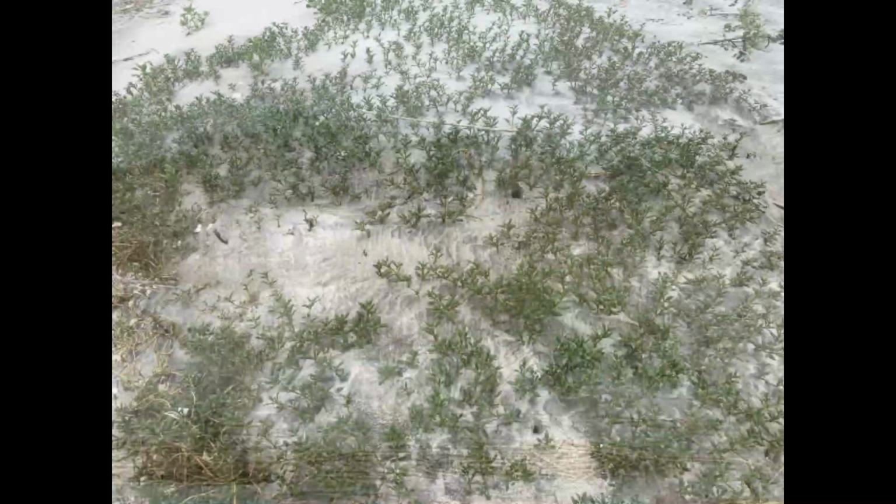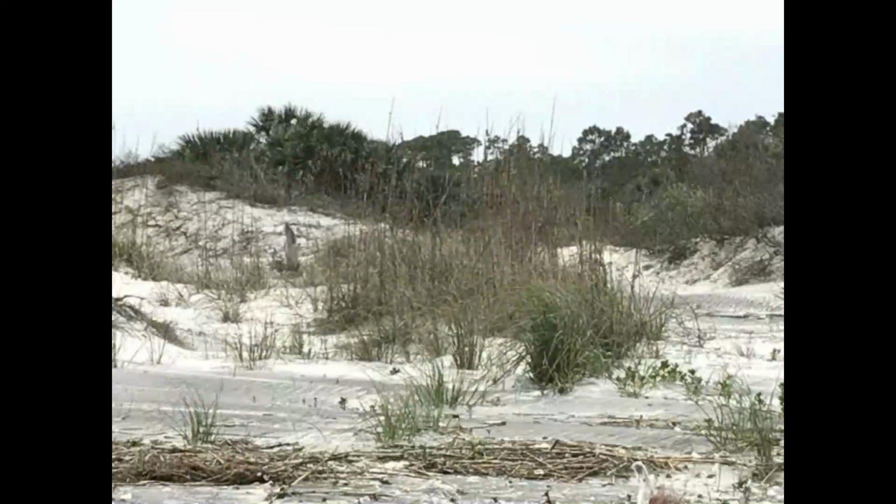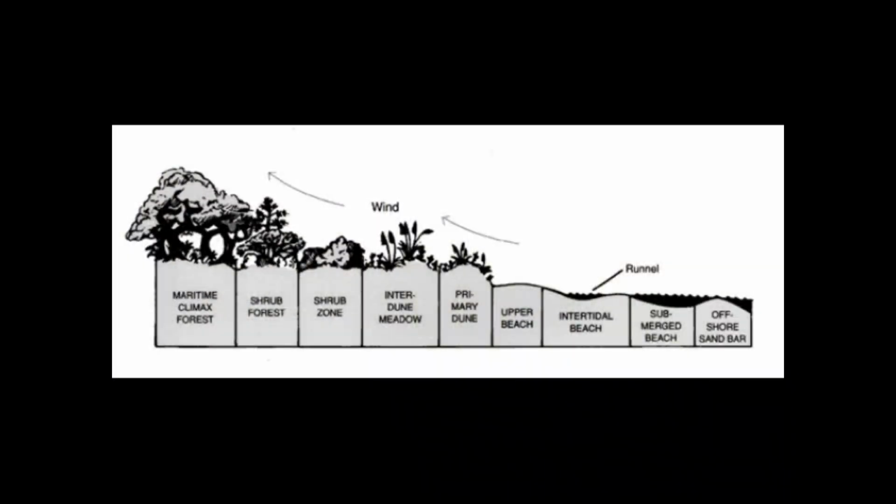Leaves and dead plants from this pioneer population build up a layer of richer soil on the dune that can support more advanced plants. This accretion of soil, plus the action of wind off the water, also builds up the elevation of the terrain so it is slightly higher above the level of the ocean.